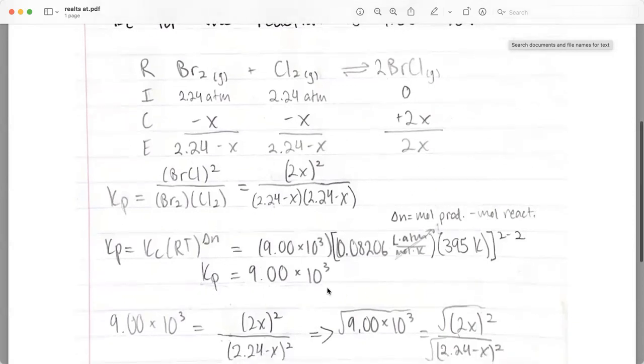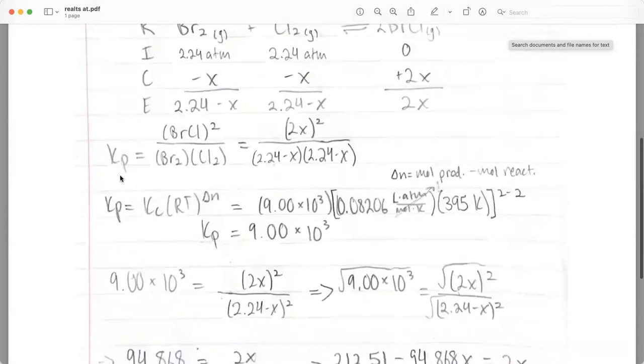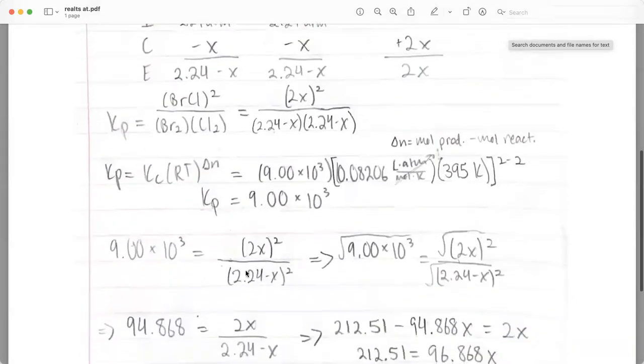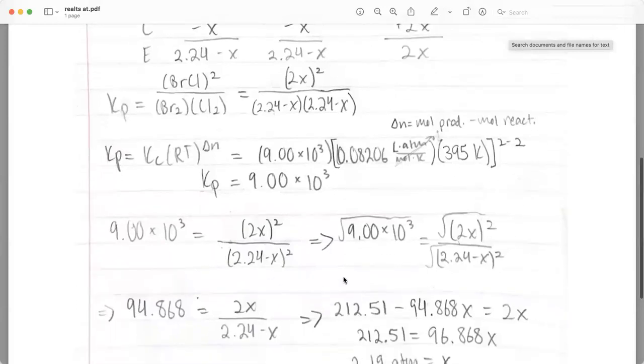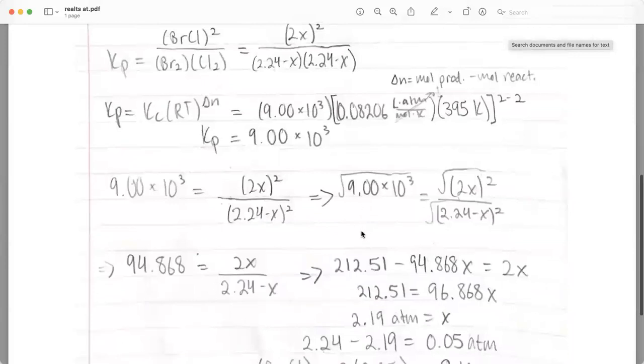Then we can use this to plug back into our equilibrium expression. And then I simplify the denominator, so then it would be easier to square everything. So after squaring everything in the expression, we get 94.868 equals 2x over 2.24 minus x.